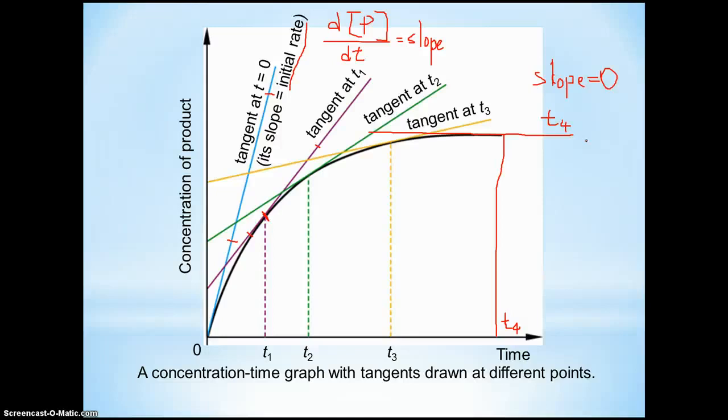We know how to calculate the average rates of a chemical reaction. We know how to calculate the initial rates by looking at the slope of the tangent line at time t equals 0, and we know how to calculate the instantaneous rate by calculating the slope of the tangent at a particular time t.